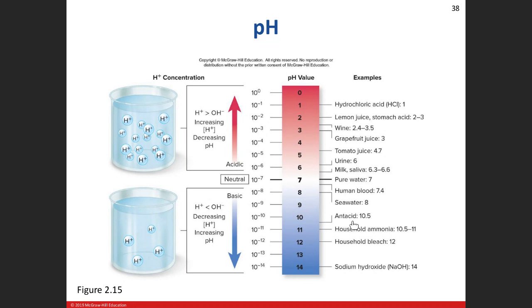When you have an upset stomach, or what we call acid reflux, people will take antacids, which are just bases, and they go in there and they neutralize that acid. And then don't forget your neutral value of 7, that's pure water. So again, just kind of look that over. This picture here can be very helpful in that regard.